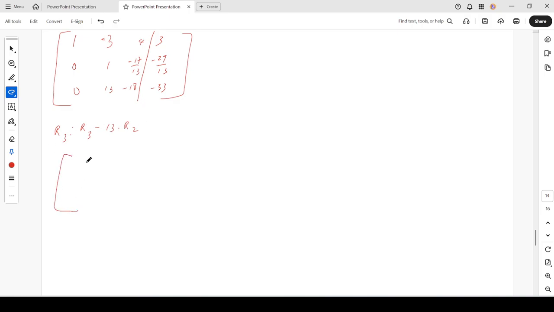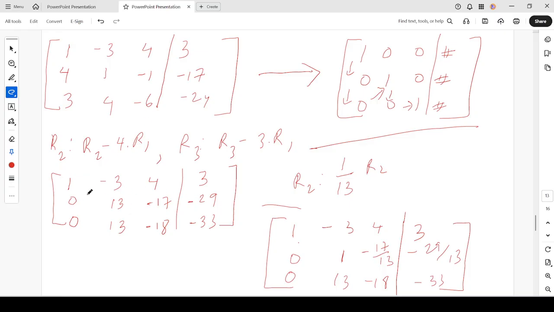So it's 1, negative 3, 4, 3, 0, 1, negative 17 over 13, negative 29 over 13. If I multiply this by 13, I'm going to get this row. So I'm subtracting row 2 from row 3.